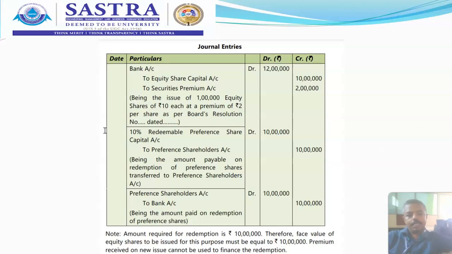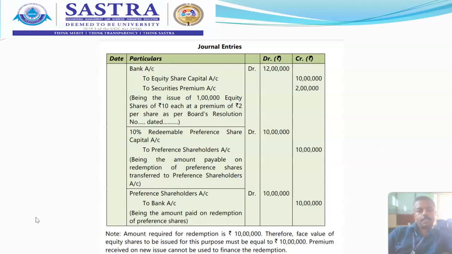The second journal entry, as we have discussed earlier, 10% redeemable preference share capital account debited to preference shareholders account rupees 10 lakhs, being the amount payable on redemption of preference shares transferred to preference shareholders account.